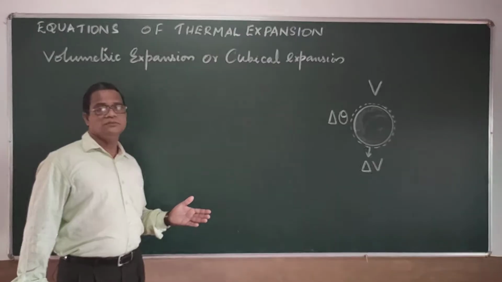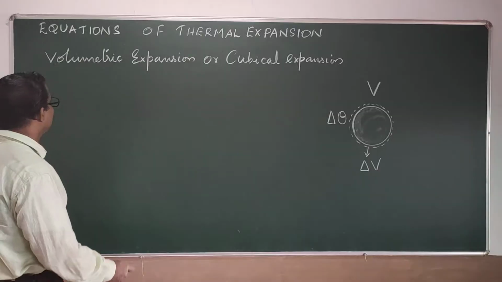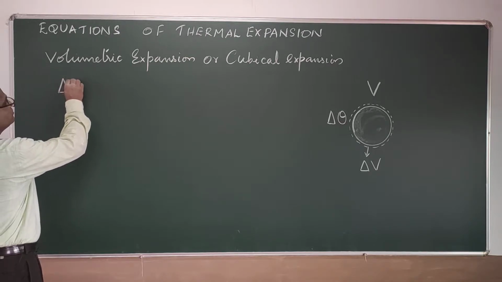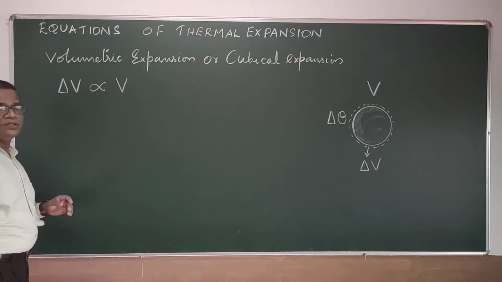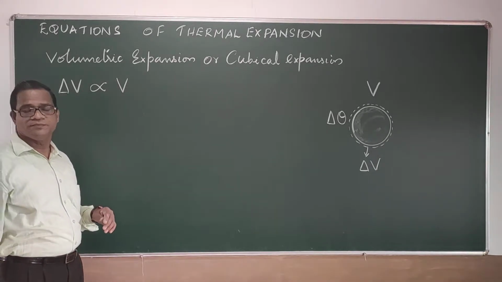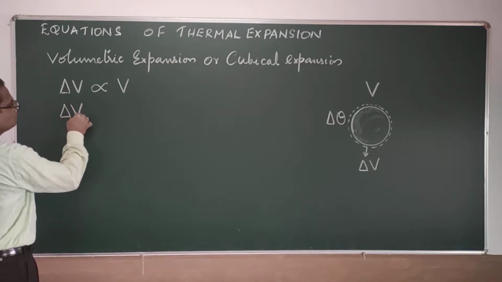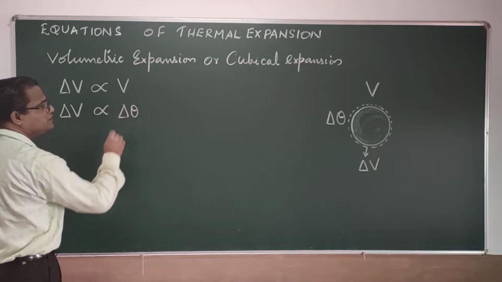Then by applying the conditions using the inferences we made, the increase in volume is directly proportional to original volume. That is the first inference. The second one is that increase in volume is directly proportional to increase in temperature.